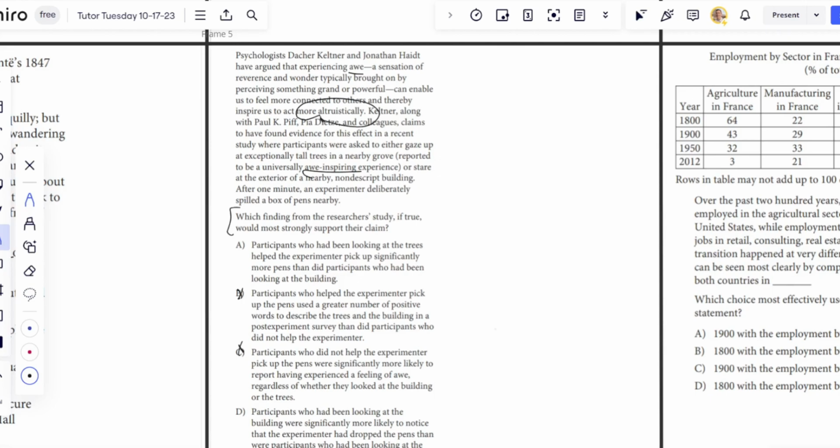No, that's a reverse relationship. Participants who had been looking at the building were significantly more likely to notice that the experimenter had dropped the pens. No, that's a matter of attention. So I'm going to go with A. If you had been looking at those awe-inspiring trees, you help the experimenter pick up significantly more pens, or you act more altruistically.